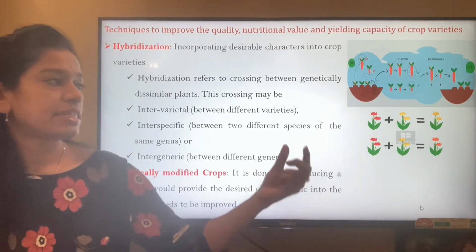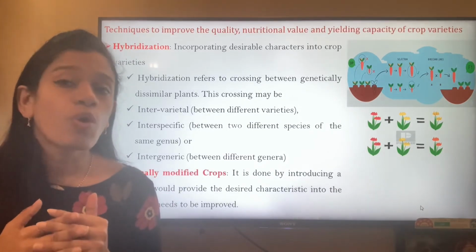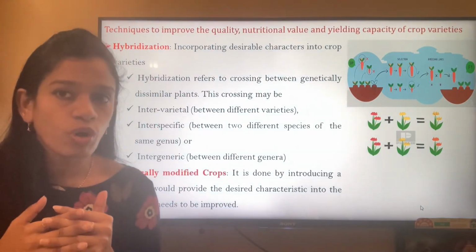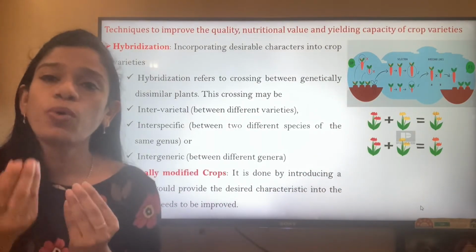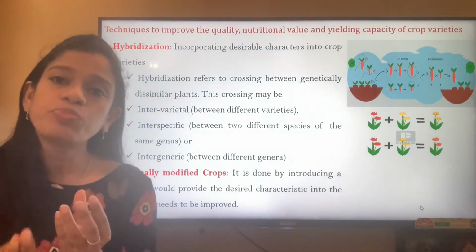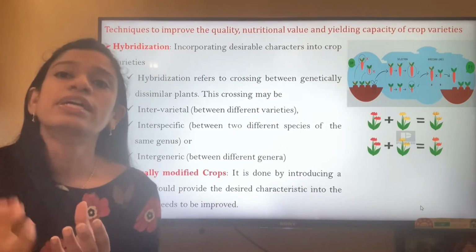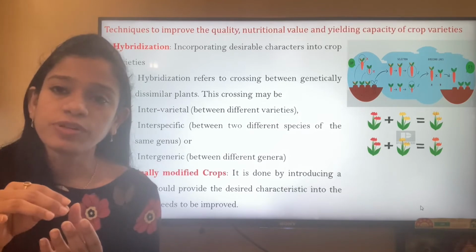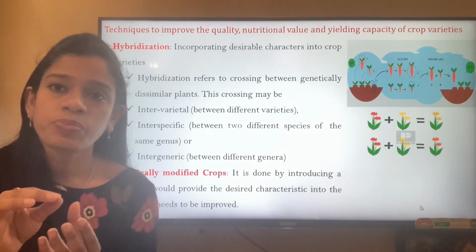When I'm talking of crossing, what do I exactly mean by that? Crossing is actually taking the pollen of one flower and putting it onto the female part, the gynoecium or the ovary, of the other flower, or dusting it onto the style of the other flower.